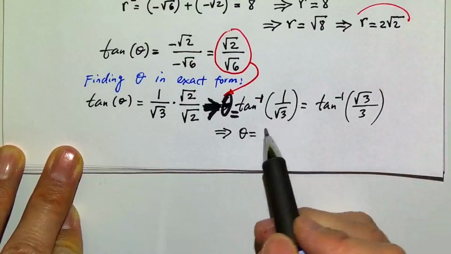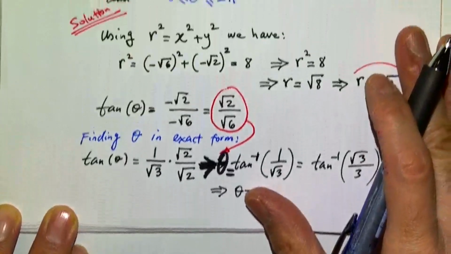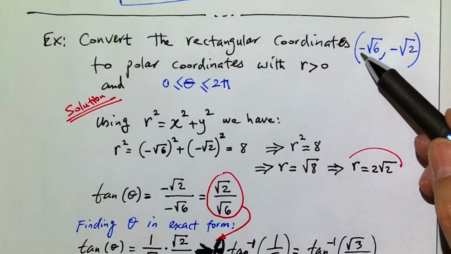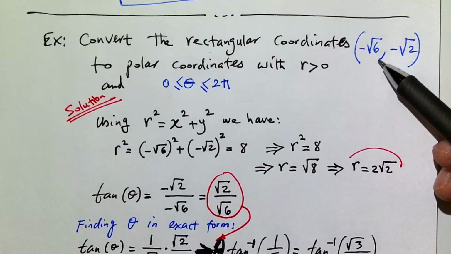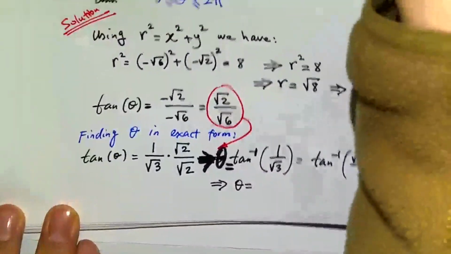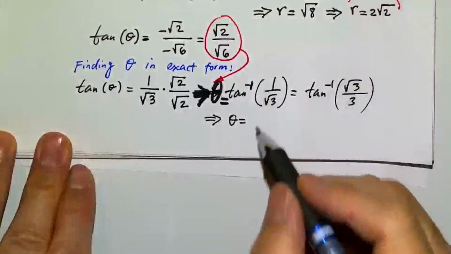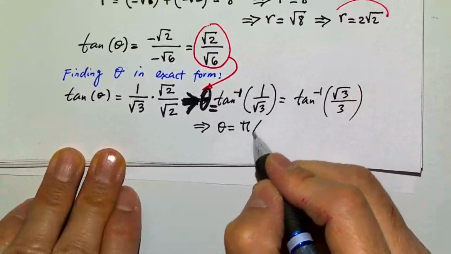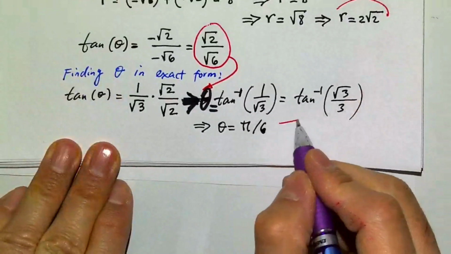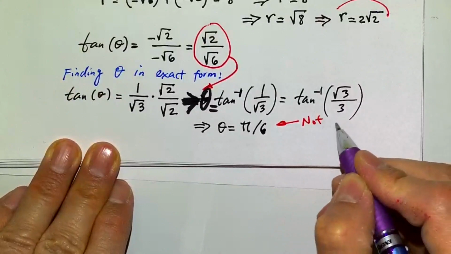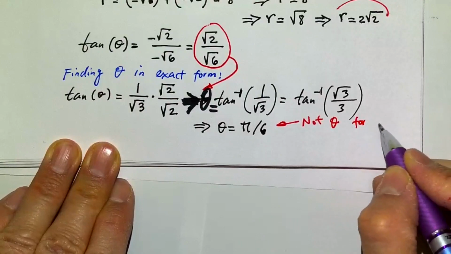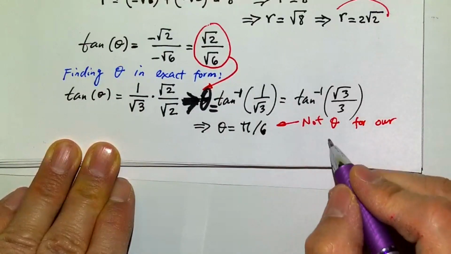But remember, we have both. In the beginning, I asked you in which quadrant we are, right? So if I just write down pi over 6, let me write that down and then I'll explain. Pi over 6 from this operation, not theta yet, theta for our polar coordinate.